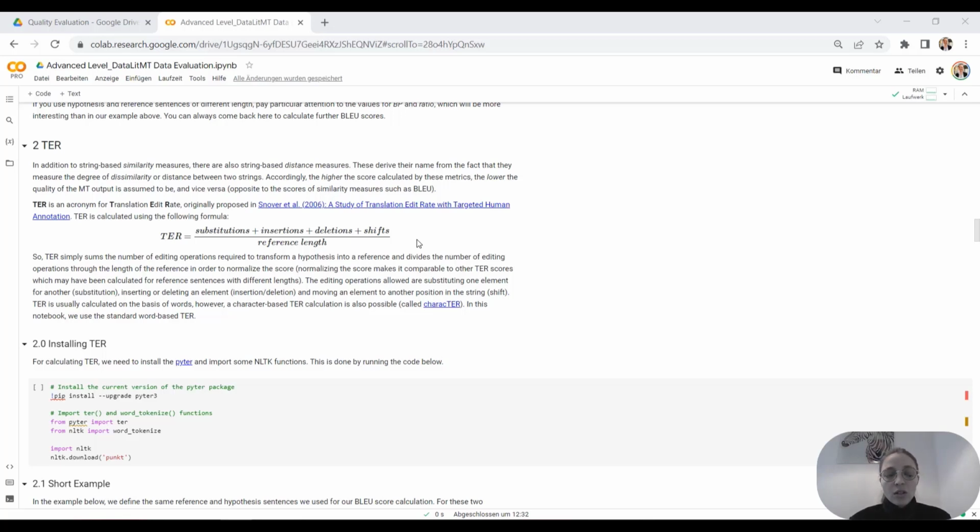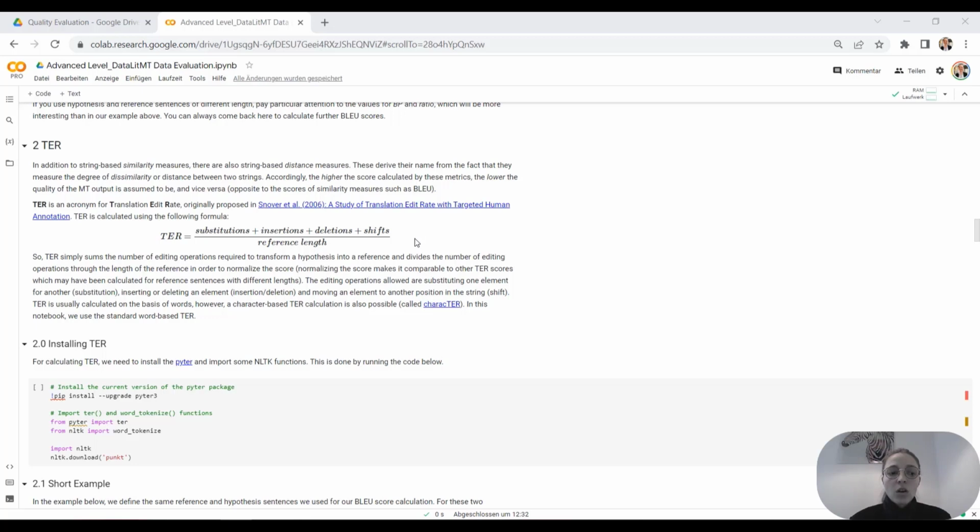So it looks at, for example, substitution, so substituting a word for another. It also looks at insertions and deletions, when a word is inserted or deleted, and moving an element or word to another position, so shifting. And all these will be summed up and divided by the length of the reference sentence.